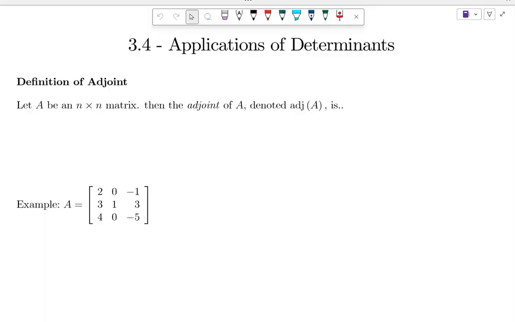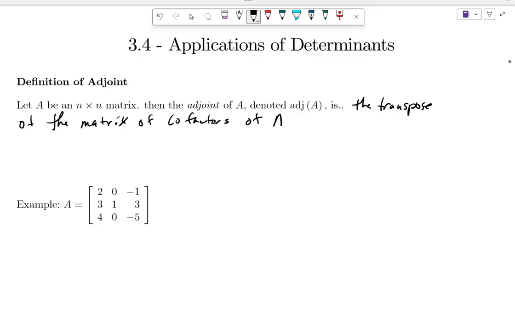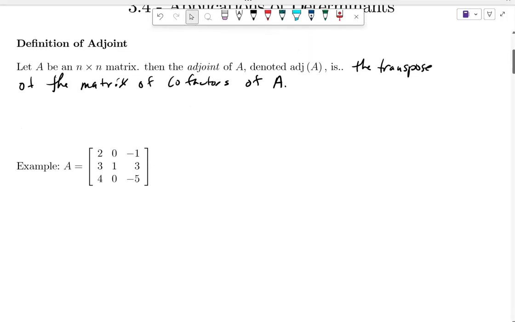Okay. So the adjoint is referred to as the transpose of the matrix of cofactors.